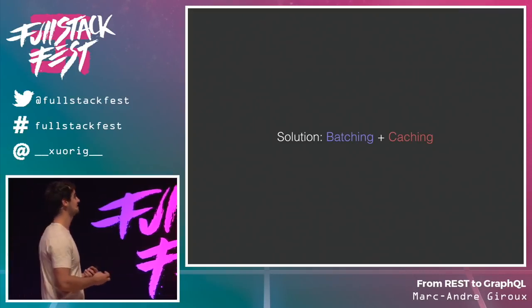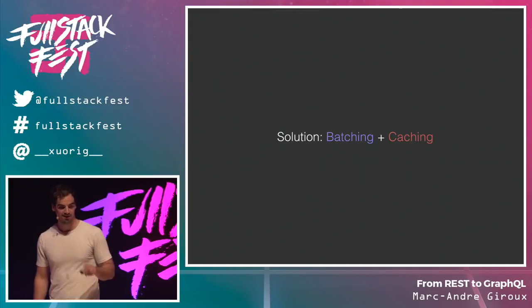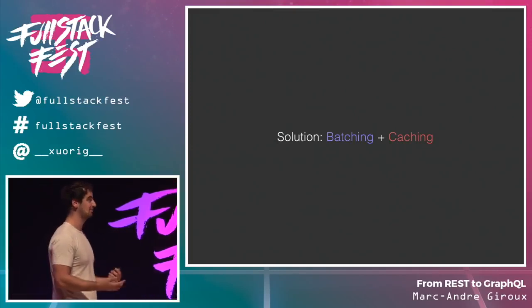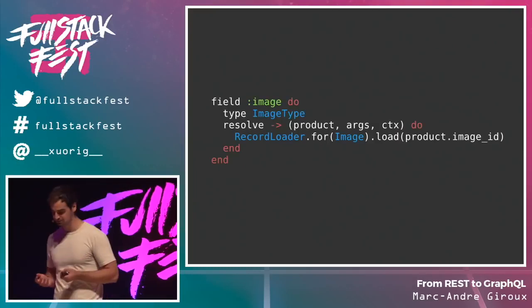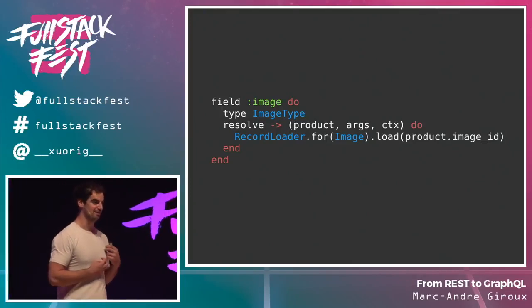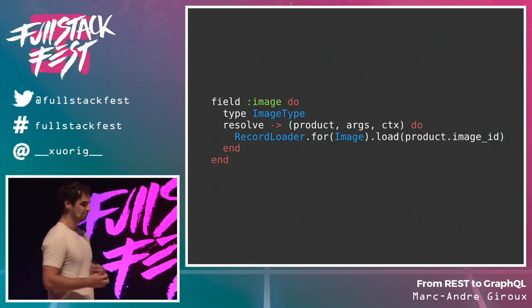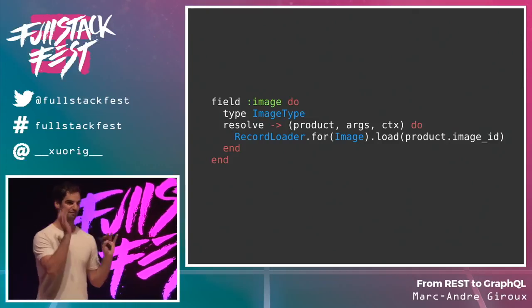For that, the solution is a lot of batching and a lot of caching. I'm just going to talk about how most people using GraphQL do batching, which is by using something like loaders. What loaders do, basically, is instead of immediately returning the product image, for example, we say: loader, I want that image, but don't fetch it just yet.